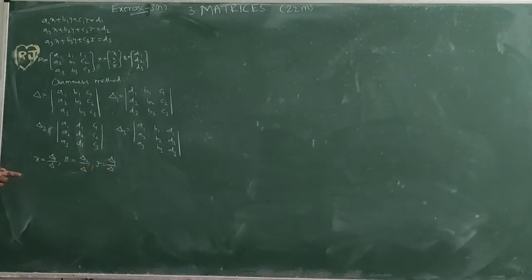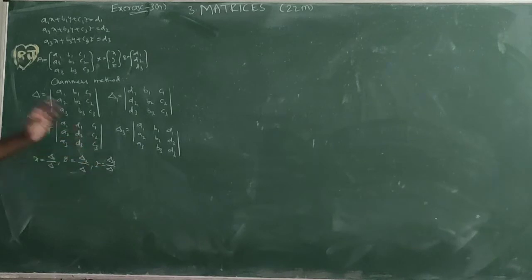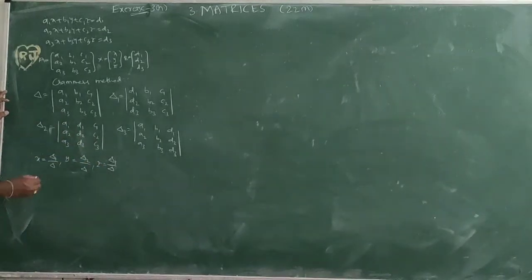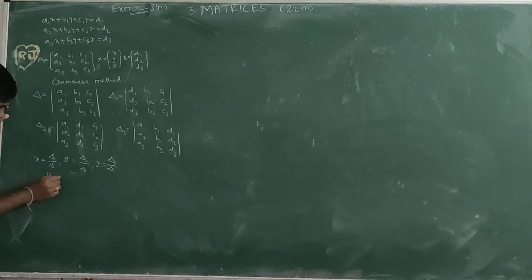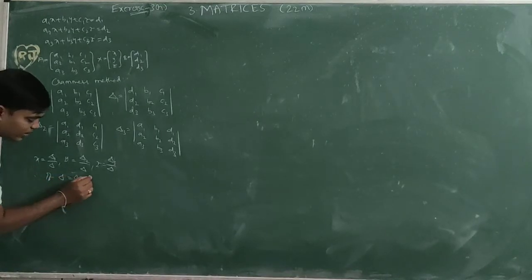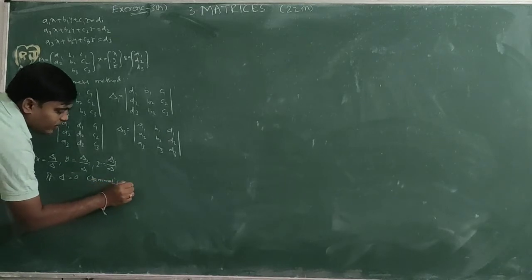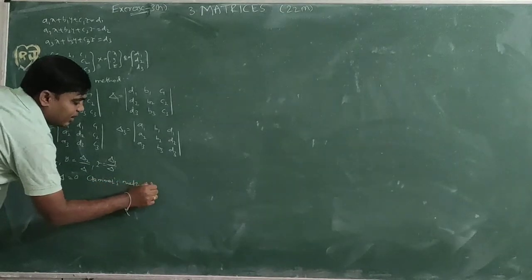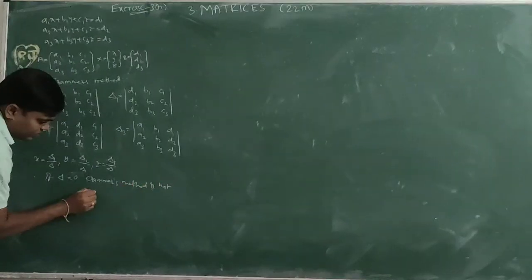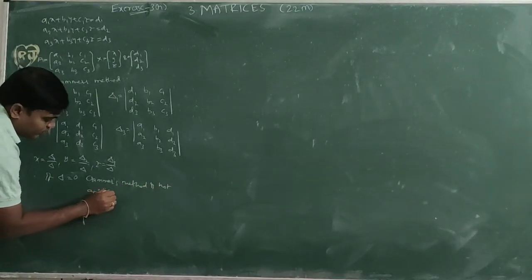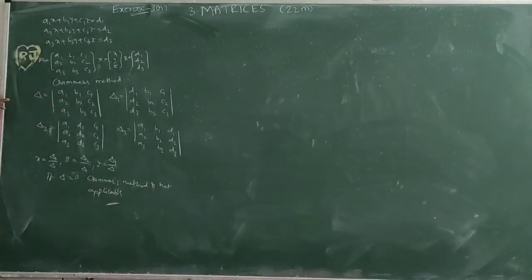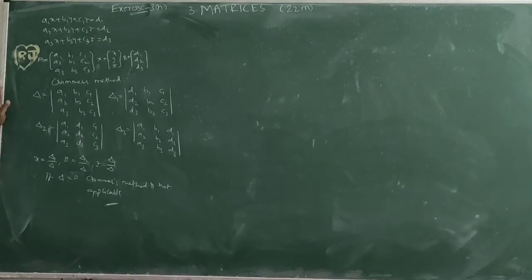If the denominator is equal to 0, such values do not exist. Therefore delta is not equal to 0. If delta equals 0, Cramer's method is not applicable. So we can't apply Cramer's method.